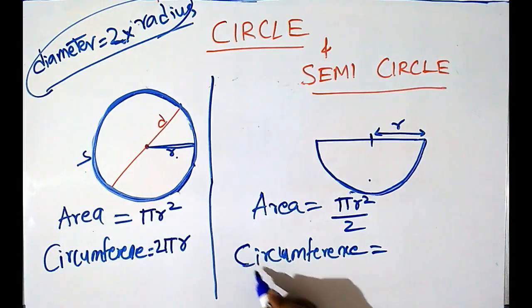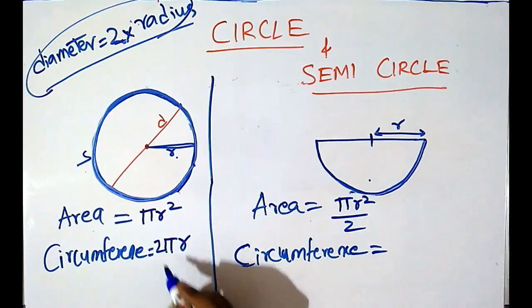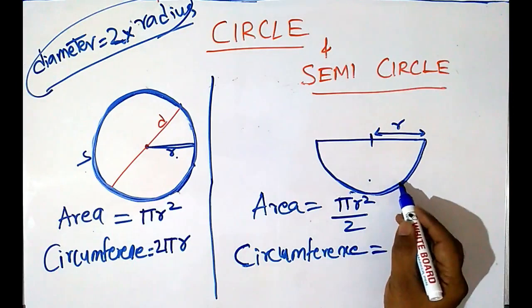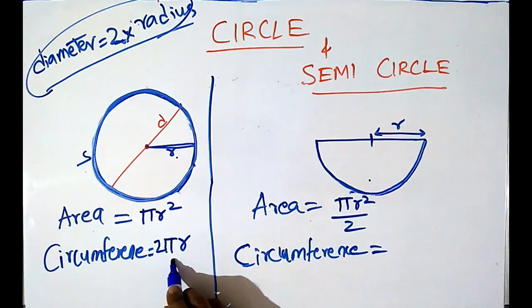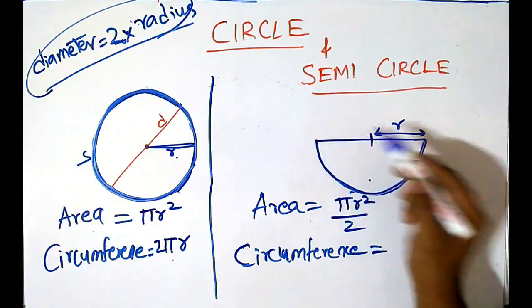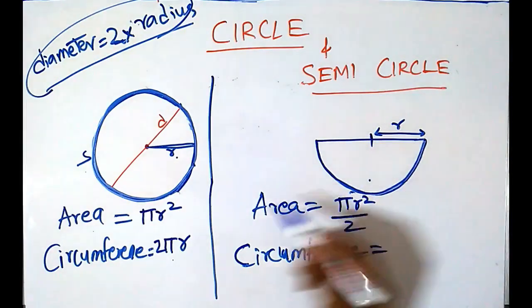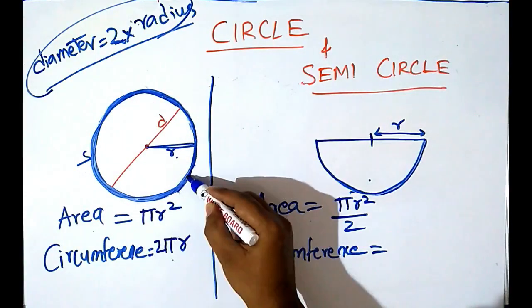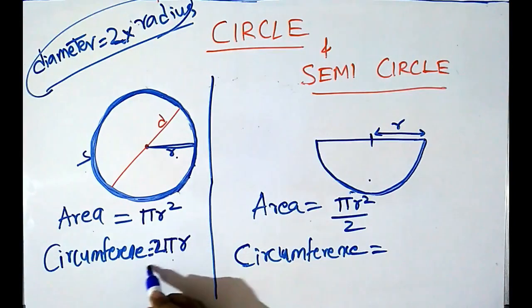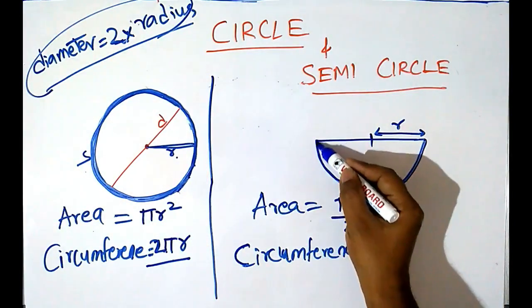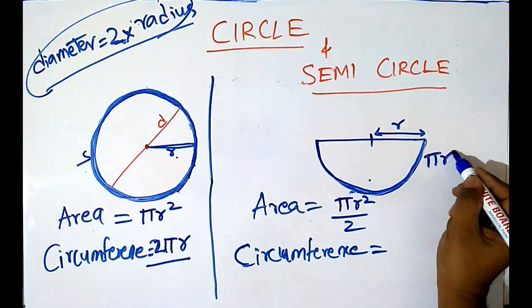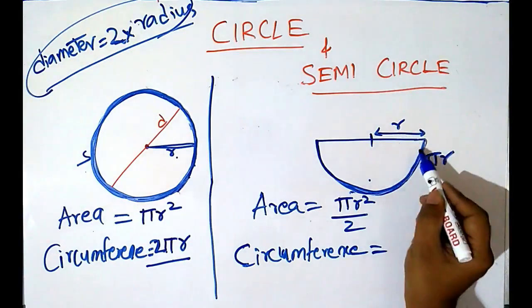In the same way, if you think that the circumference of the semicircle is also half of the whole circle, then it is wrong, friends. The circumference of the semicircle is not half of the circumference of the whole circle. Instead, circumference is nothing but perimeter, that is the length of the whole curve. This is given by 2 pi r, whereas half of the curve is given by 2 pi r by 2, that is pi r. But semicircle is an enclosed figure.